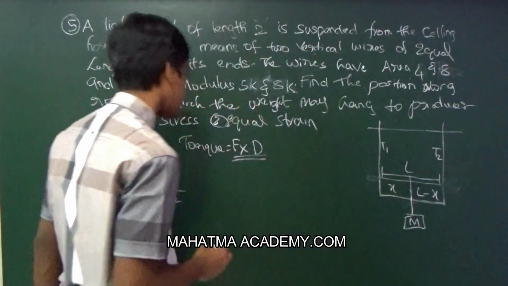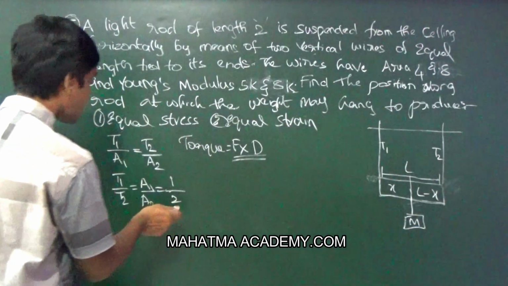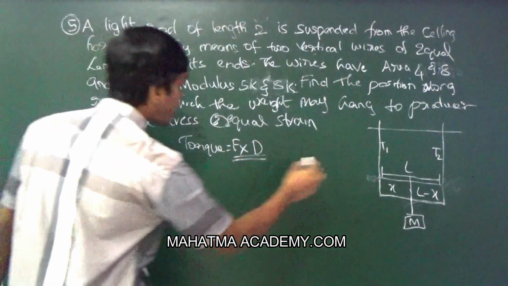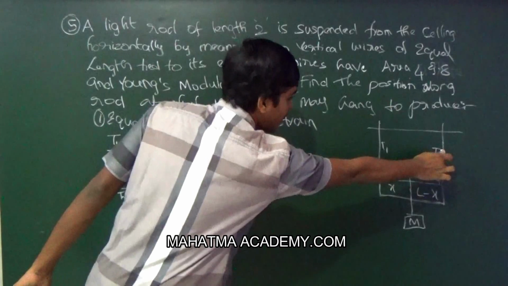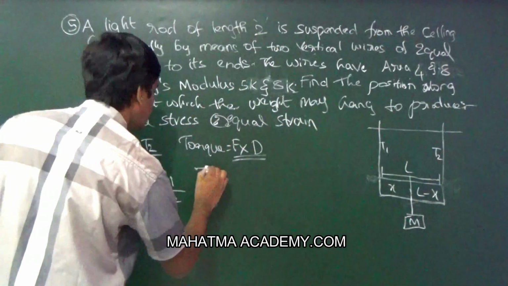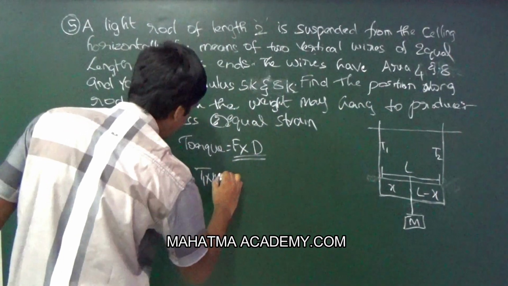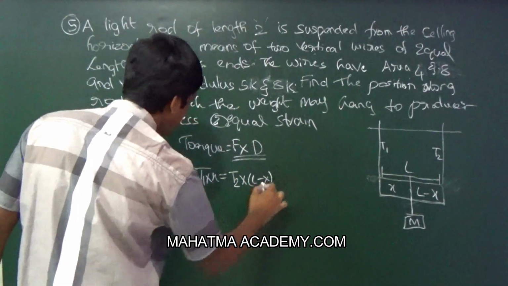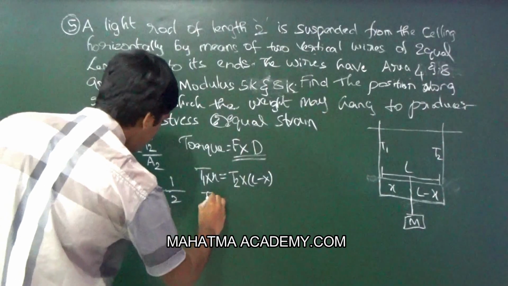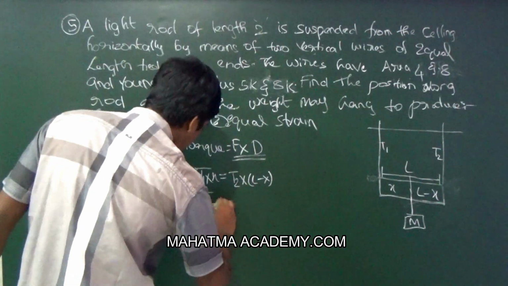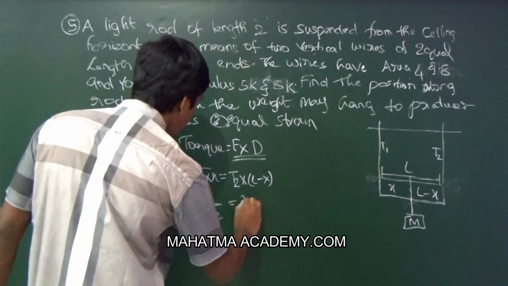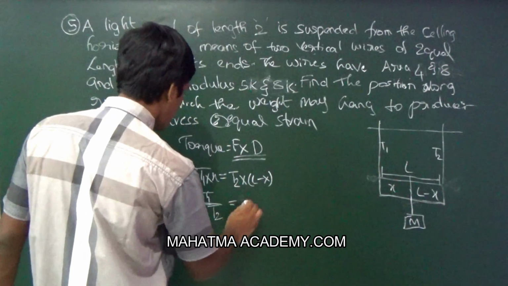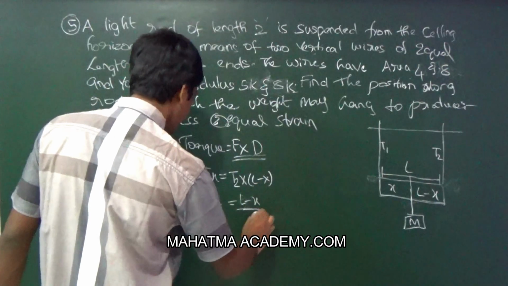So from torque we write T1 into X is equal to T2 into L minus X. So T1 by T2 is equal to L minus X upon X.